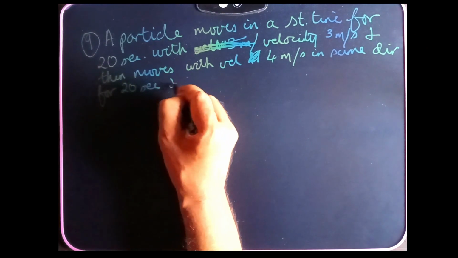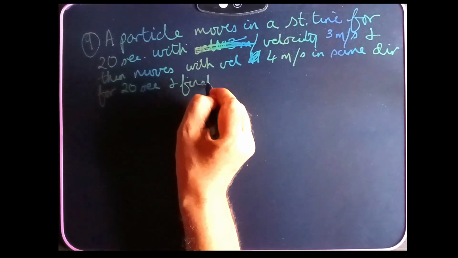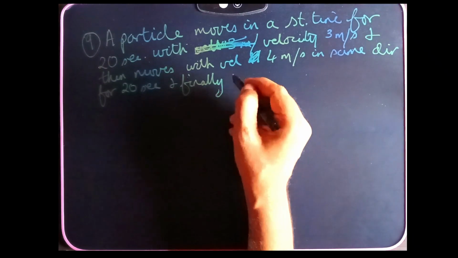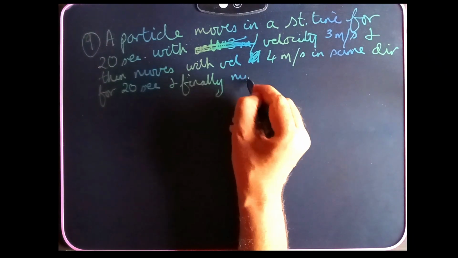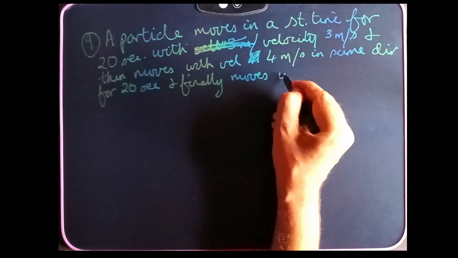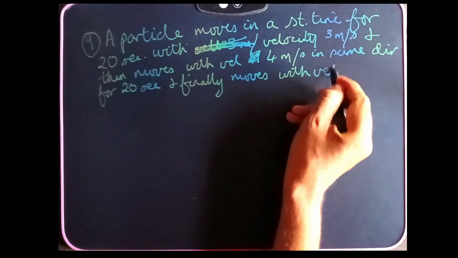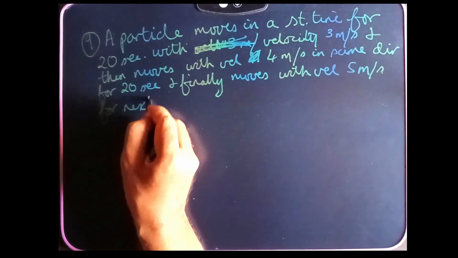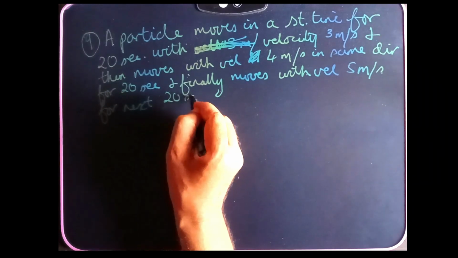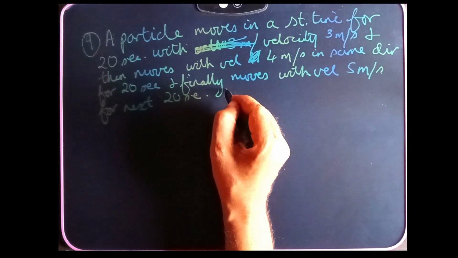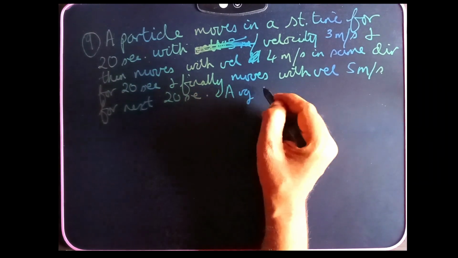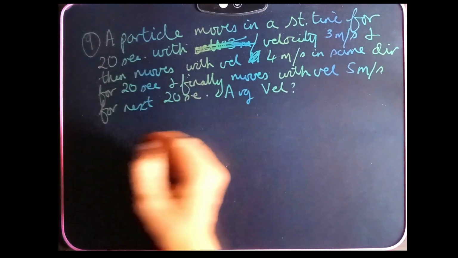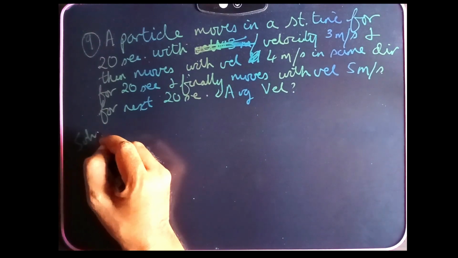And finally moves with velocity 5 meter per second for the next 20 seconds. What is asked? The average velocity of the particle is what is asked. So try to solve it first by yourself.